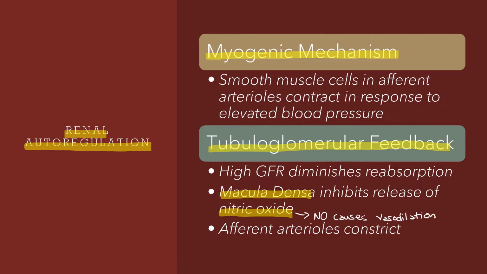So when we're inhibiting the release of nitric oxide, we're inhibiting vasodilation, which causes the afferent arterioles to constrict. And as a result, less blood is going to flow into the glomerular capillaries, and we're going to consequently get a decrease in GFR.